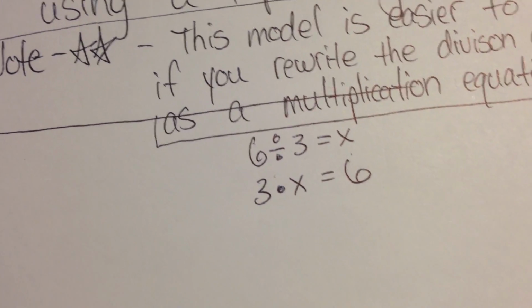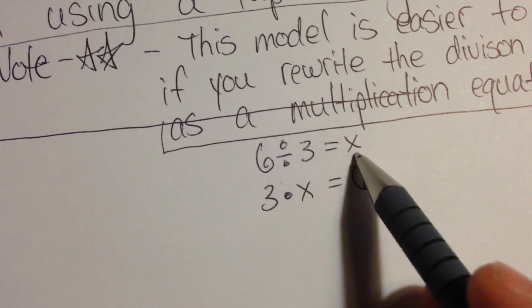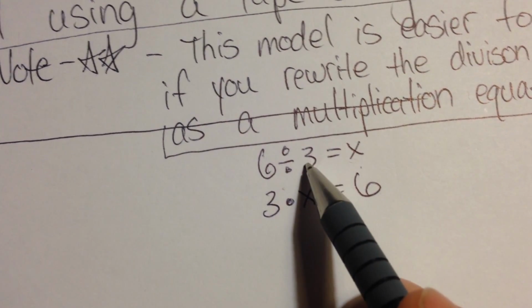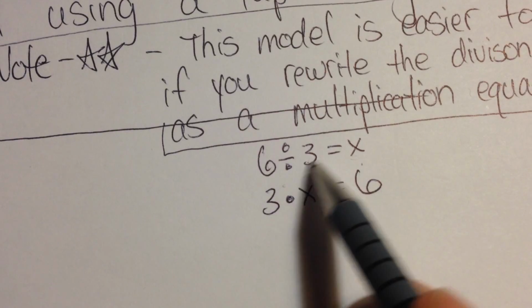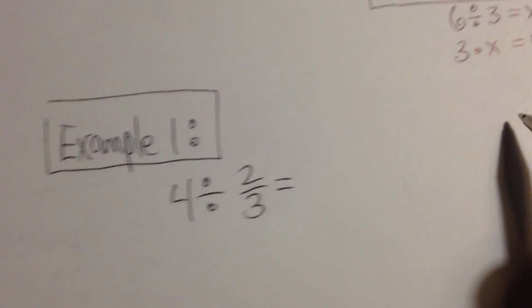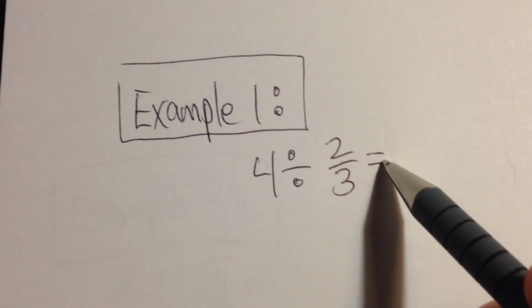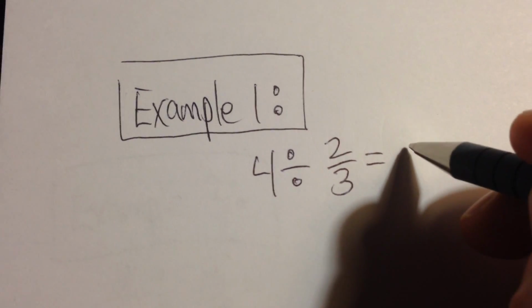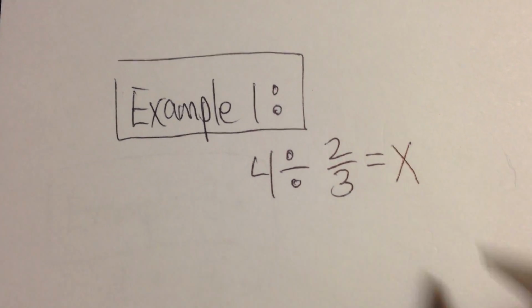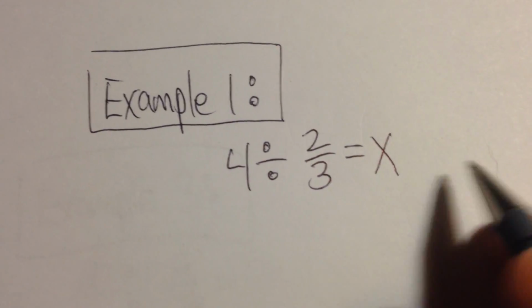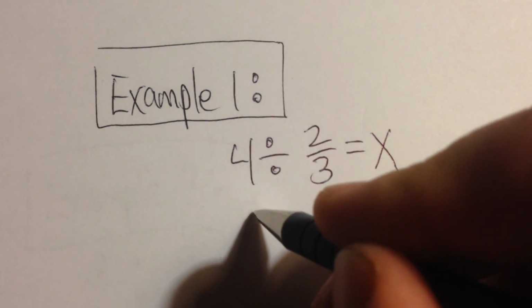All right? So keeping that in mind, I want to do that because the multiplication is easier to draw. It's a little bit more direct than the division is. So here's my problem. I have 4 divided by 2/3, and that equals, and I think it's important we need to put an unknown there, a variable. That's going to equal x. And remember, I want to rewrite this as multiplication.